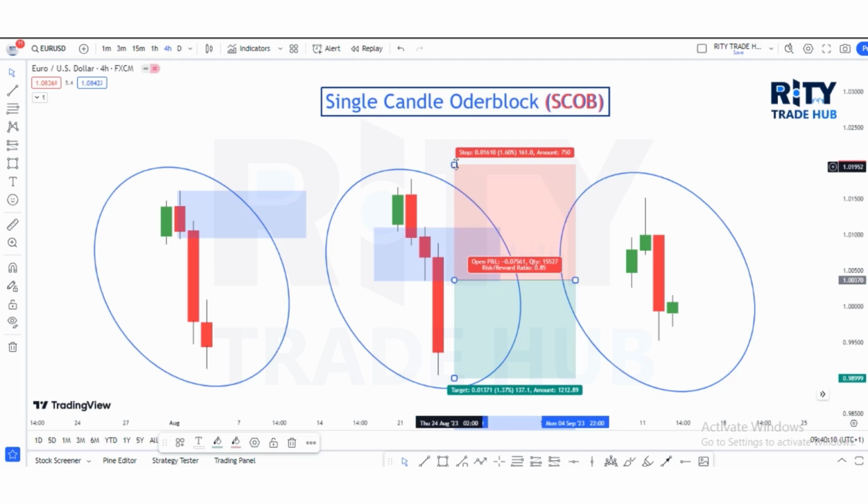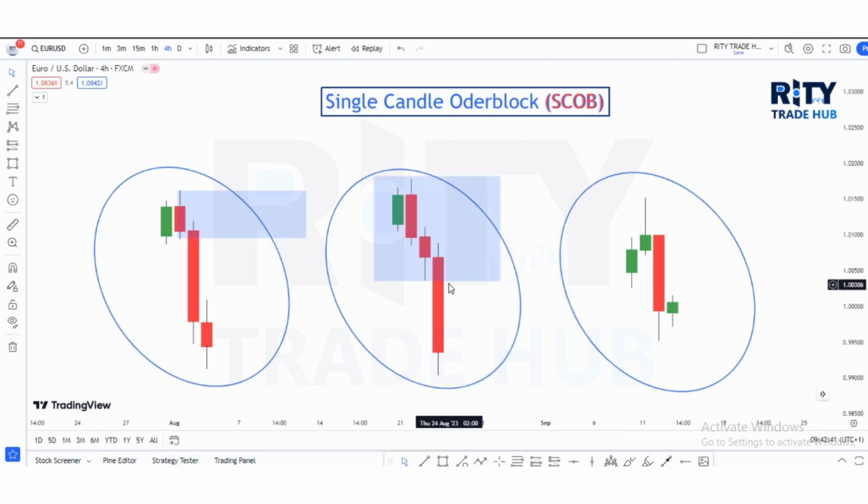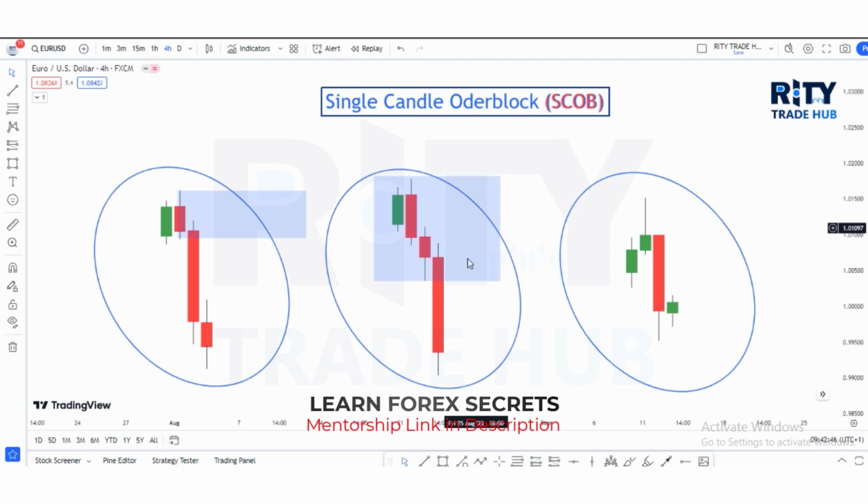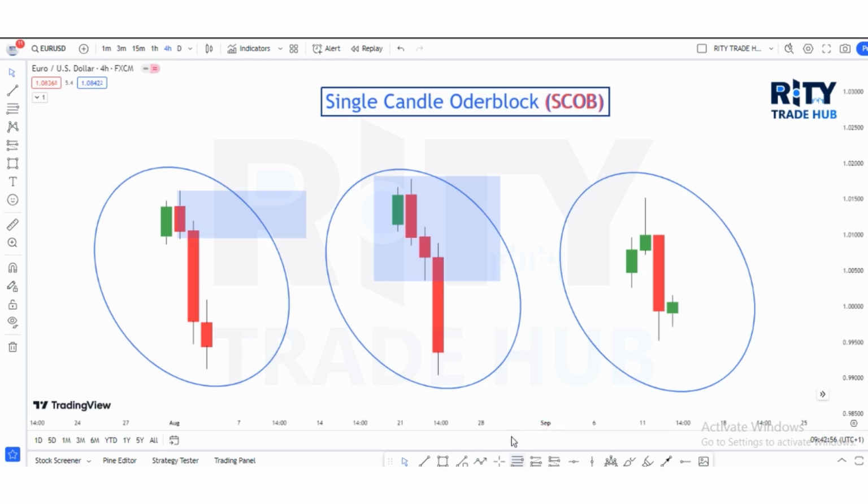All right, so let me take this out. So we can refine our entry right here, and sell once price mitigates the 50% of our POI zone right here. Okay, so we can go ahead to get the 50% retracement level around our SCOB zone and sell using the Fibo retracement tool. Okay, so right here we have a high and low here.